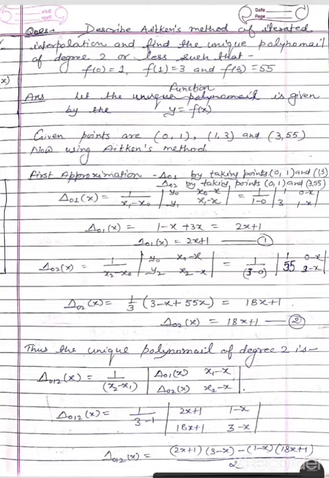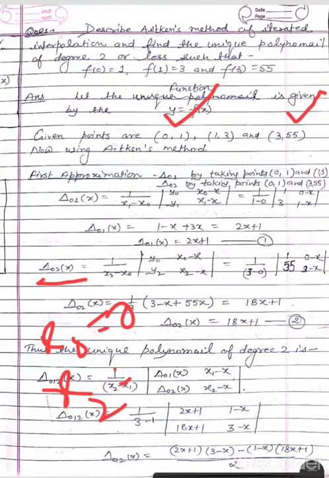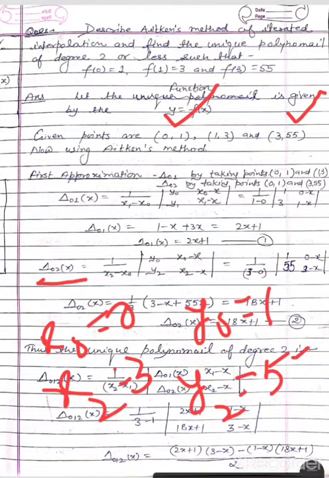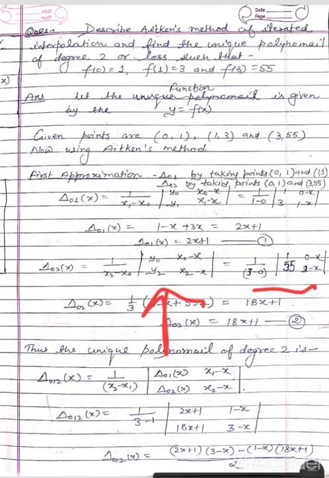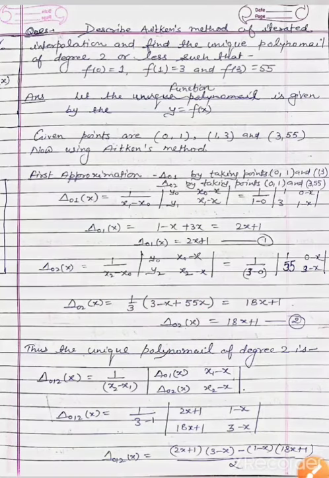Similarly, we obtain delta 02 of x by considering the 0th point and second point, x0 equals 0 and x2 equals 3, y0 equals 1 and y2 equals 55. Substituting all these values in this formula, we obtain the first approximation delta 02 of x equals 18x plus 1.